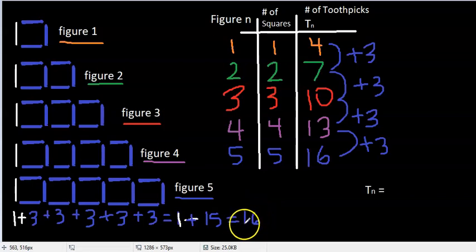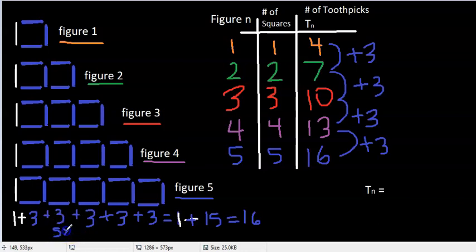So now that we've determined the answer, we see that we got it by adding 3 5 times to get the 15, plus that initial toothpick. So a way to simplify our addition would be to realize that repeated addition is actually multiplication. So we have 1, 2, 3, 4, 5 groups of 3.